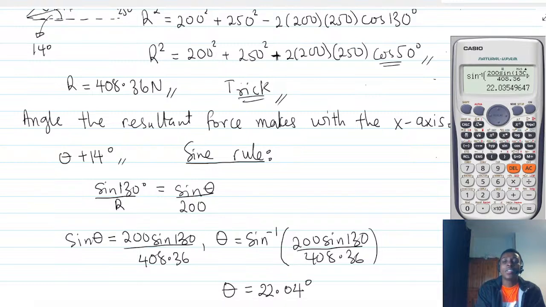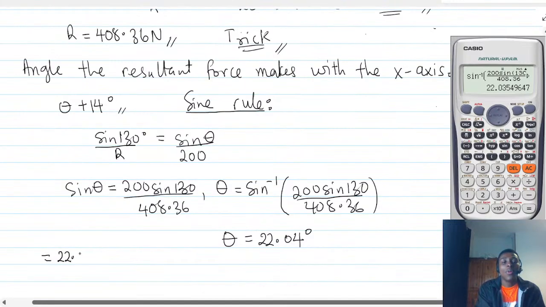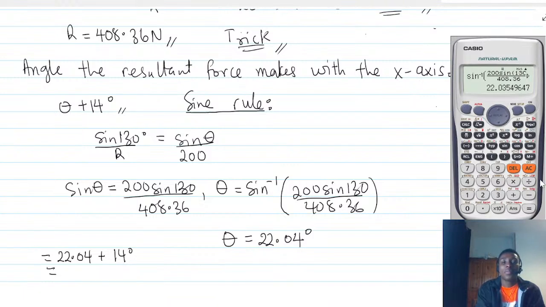22.04 degrees. Now if I want the total angle, then it's going to be 22.04 plus 14 degrees. And what is that? That gives us 36.04.